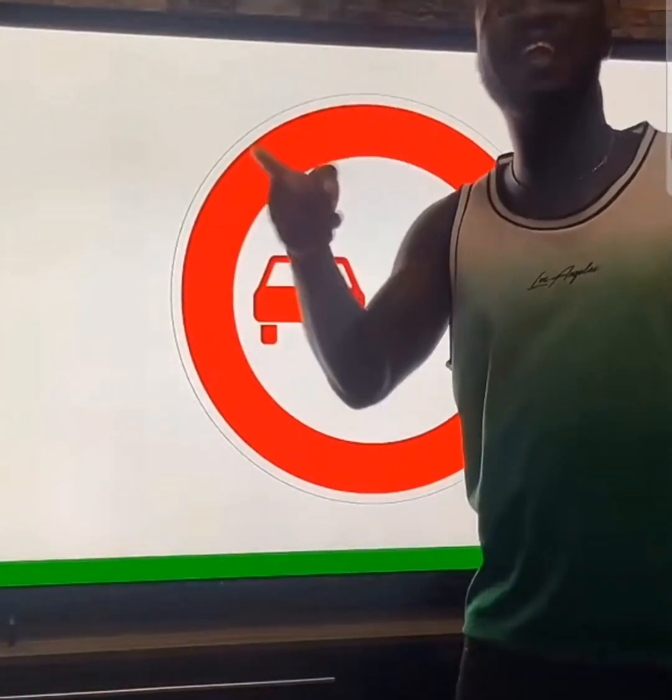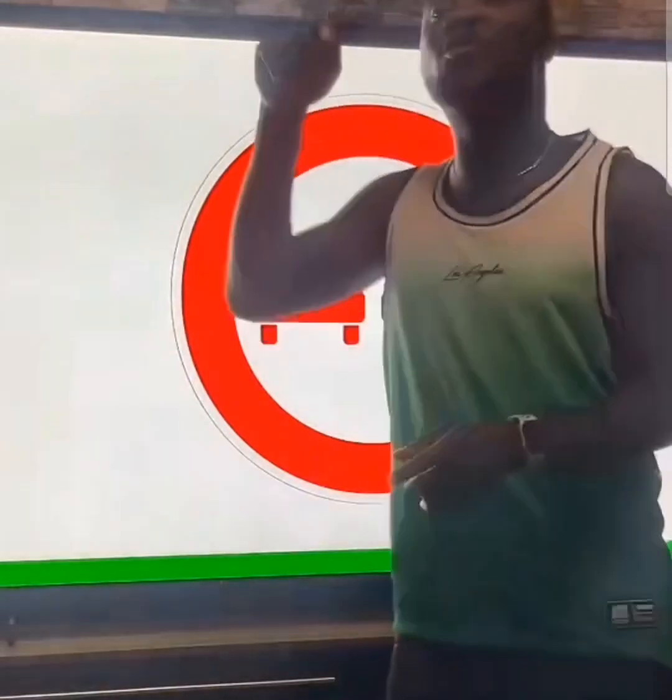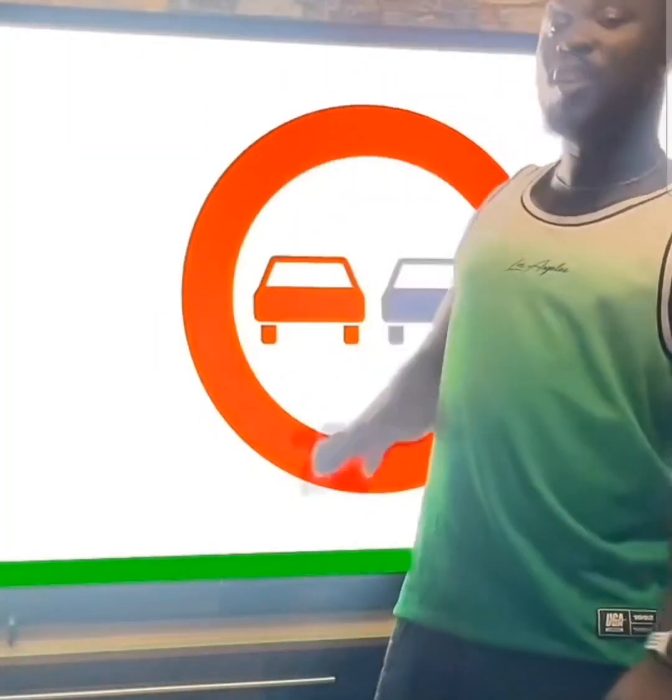When you Google a motorcycle with sidecar, you will see that it usually has 3 tires, 2 at the back, 1 at the front. Old school bike. So you can only overtake a motorcycle without sidecar.